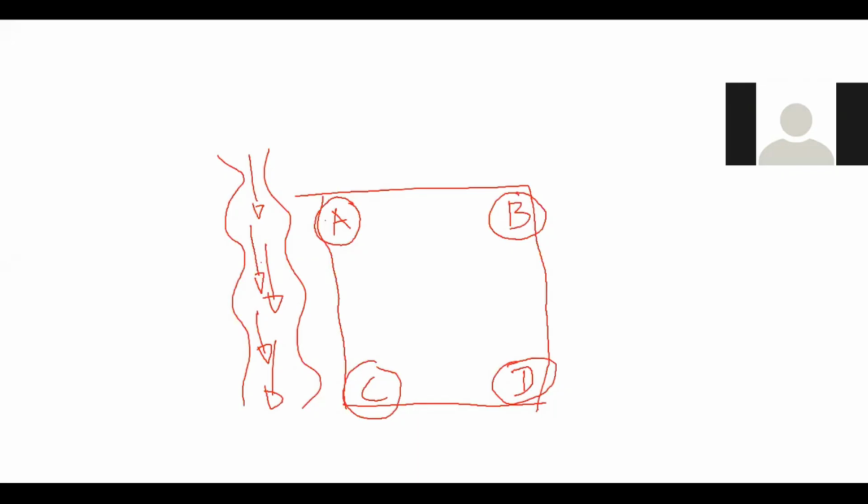Which area is having more moisture? A and C have more moisture, isn't it? Compared to B and D.